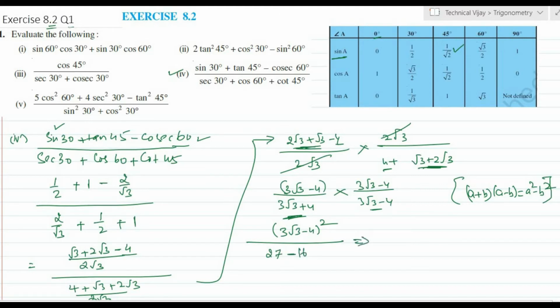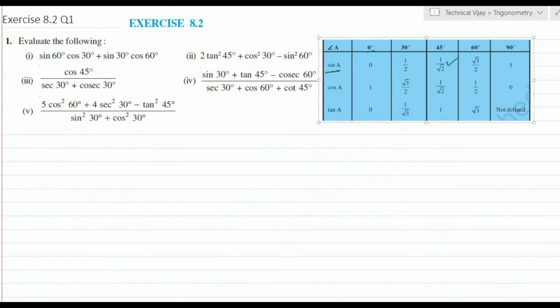So the numerator is (a − b) whole square, that is a square, that is 27, plus 16 minus 2 into 4 into 3√3, 2 into 4 is 8, 8 into 3 is 24, that is 24√3, whole divided by 27 minus 16, that is 11. So 27 plus 16 will be 43. So this will be (43 − 24√3) divided by 11. So this will be the answer.